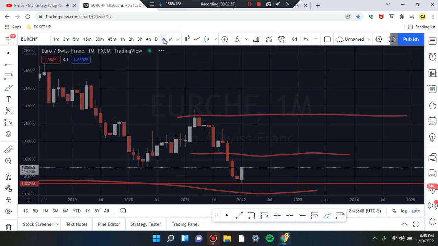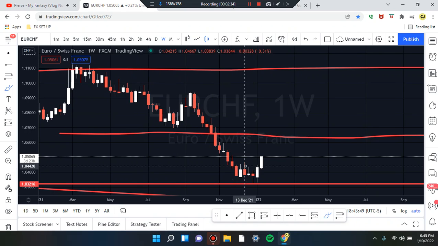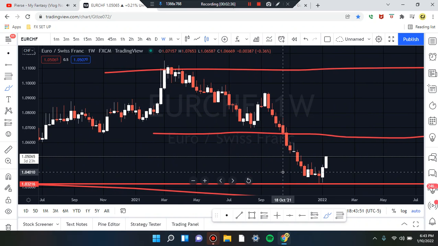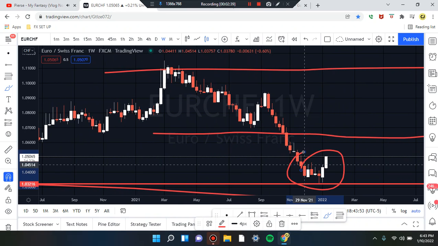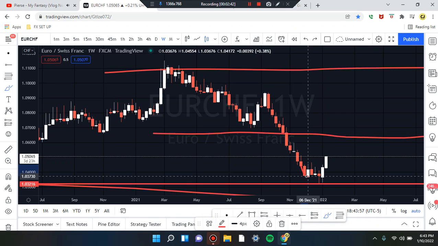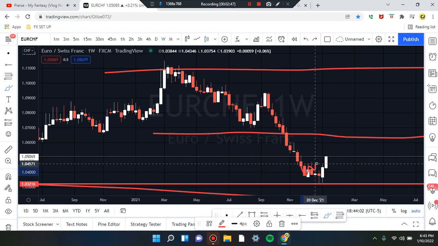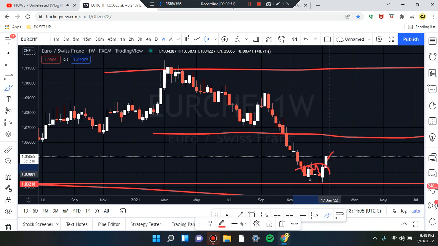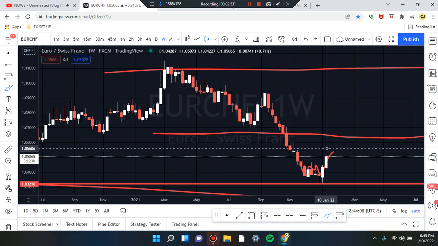Headed down to the weekly time frame. At that area of support, we can clearly see the market is working its way up. We receive that double bottom coming down in red. First leg coming up in white, second leg, third leg, fourth leg, retest, market pushed up. We got a triple bottom in this area and the market pushed up.